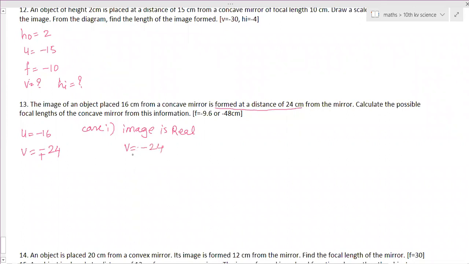Now V is equal to minus 24 and U is equal to minus 16, calculate the focal length. And case 2, image is virtual. So V is equal to plus 24 and U is equal to minus 16. Calculate the focal length. So two focal lengths you have to calculate this way. Okay, find out.